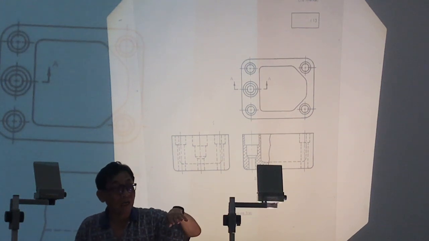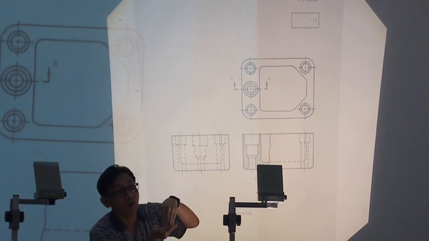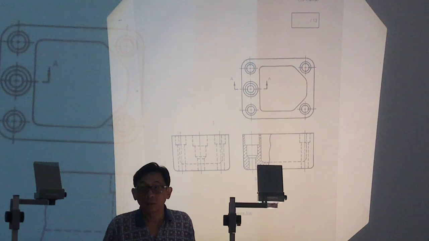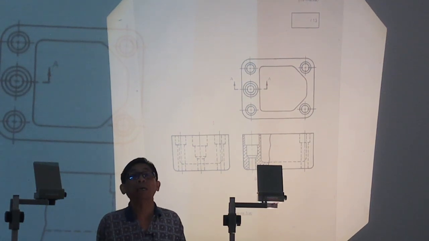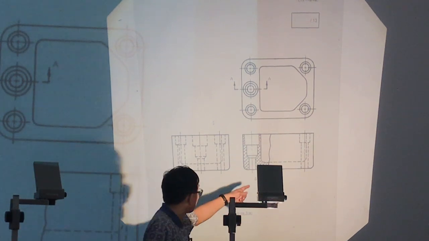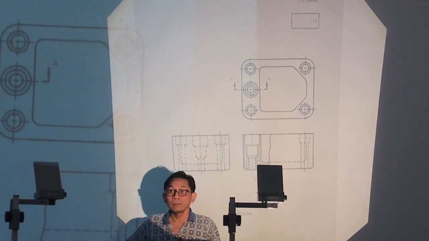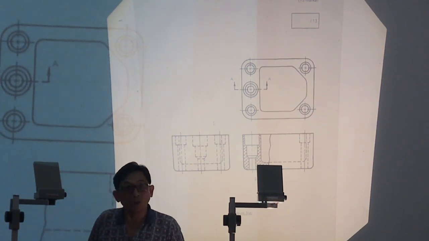How are you going to develop that? How are you going to cast it? I asked you, how are you going to cast one side smooth, one side sharp? Impossible. So I penalize.